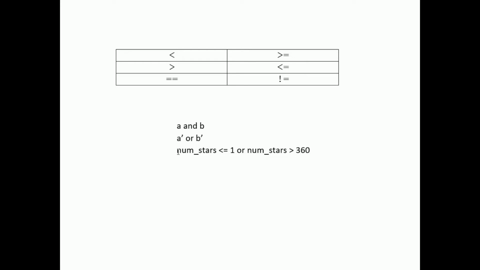That's the complement of num_stars > 1, num_stars <= 1, and the complement of num_stars <= 360, num_stars > 360, joined with an or instead of an and.